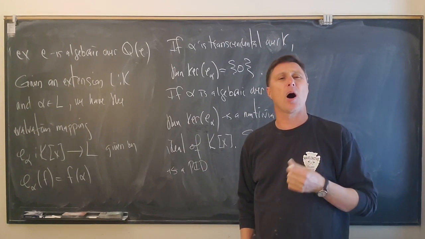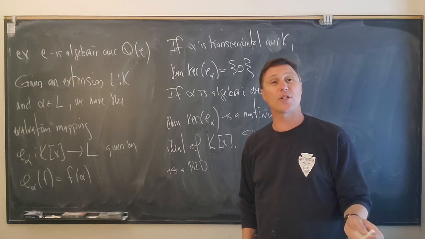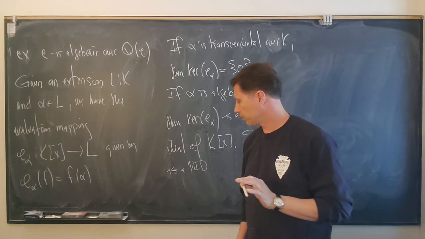Now, amongst all those polynomials, there's exactly one that has 1 for the leading coefficient. And remember, a polynomial that has 1 for a leading coefficient is called a monic polynomial.